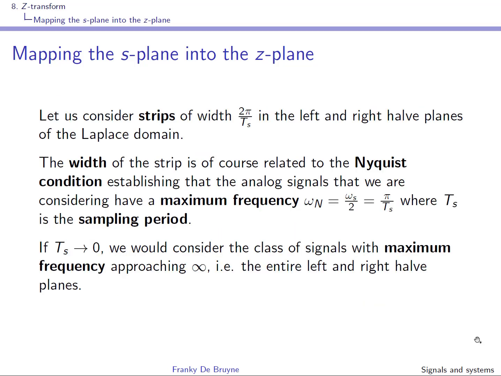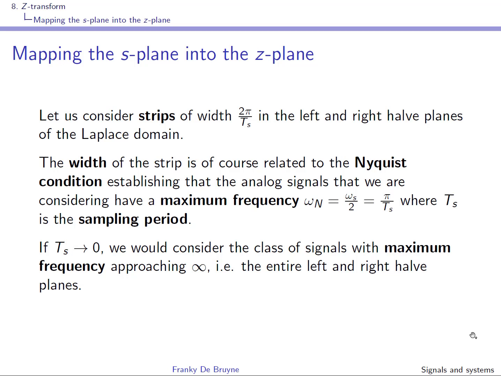We have seen in the previous slide that strips of width 2 pi over Ts that cover the left and right half planes of the Laplace domain are mapped into the entirety of the z-plane. The width of such strips is of course related to the Nyquist condition.